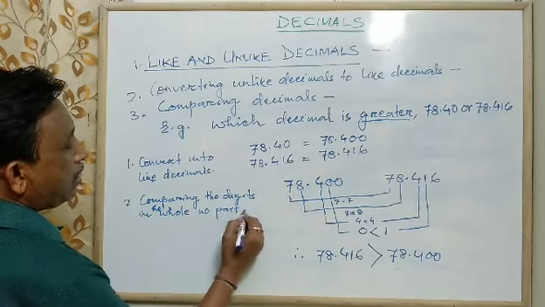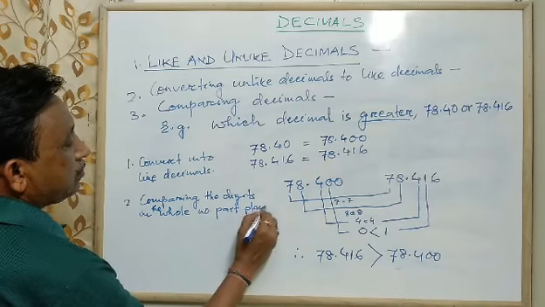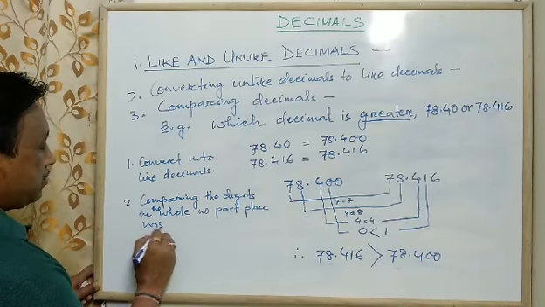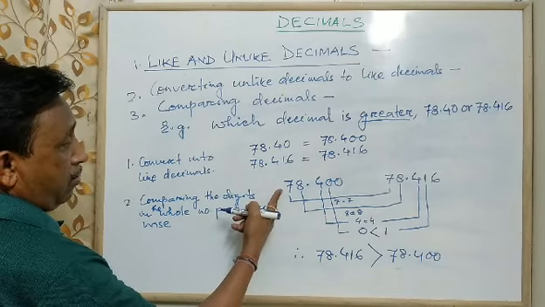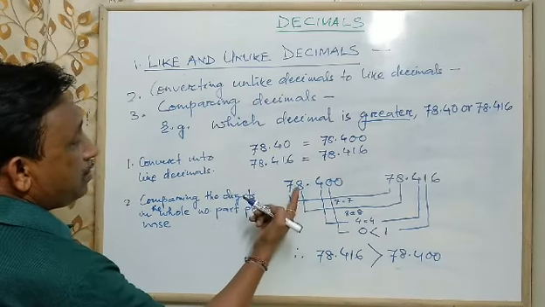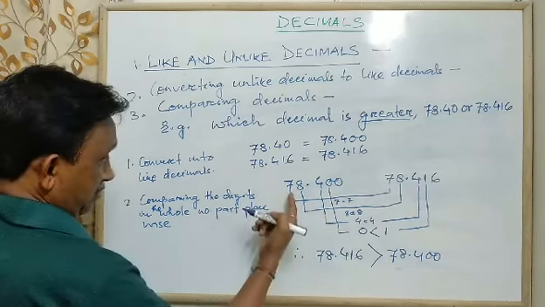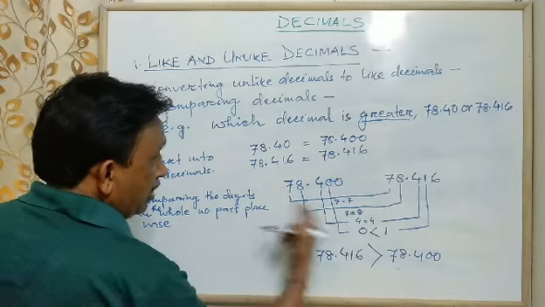Compare the whole number part place-wise. First we will go to the largest one, or we can start with the smallest one, 8, then we will keep on continuing.